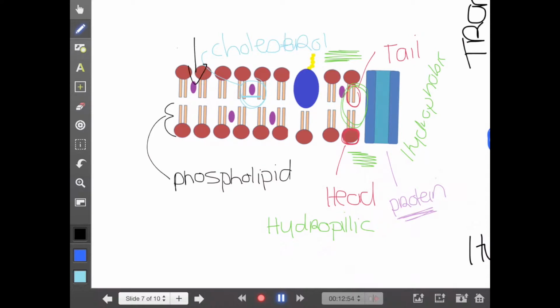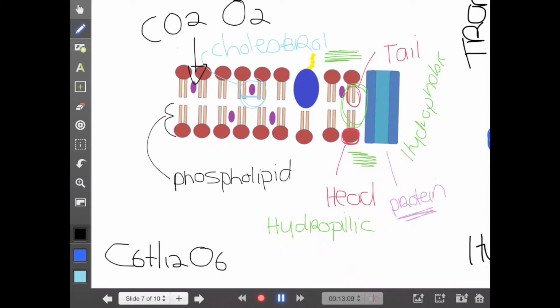Carbon dioxide, CO2, or oxygen, O2, are able to move through in between the phospholipids. And glucose, C6H12O6, in relation to the carbon dioxide and the oxygen, is quite large.